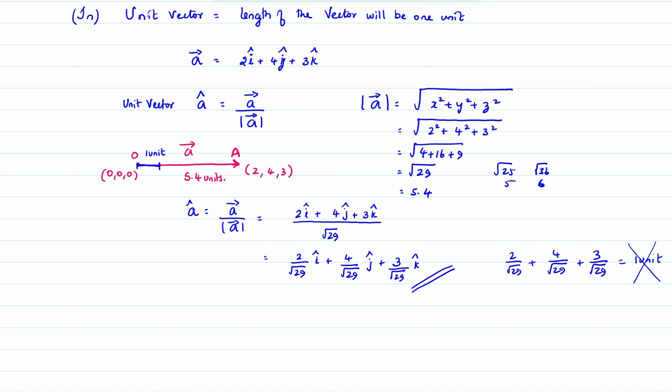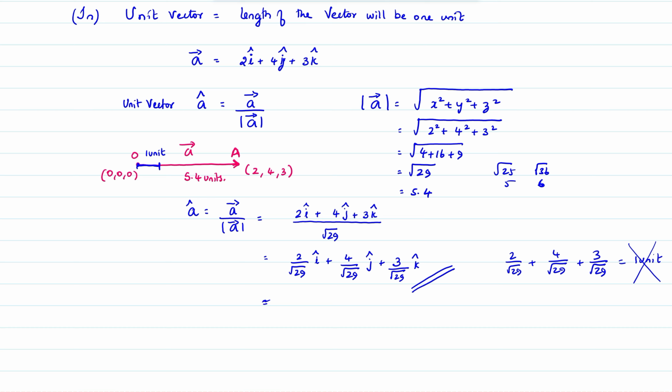So to find the value or the length of the unit vector, you have to use the same formula on this. You have to find the length using the same formula. So how do we do this?